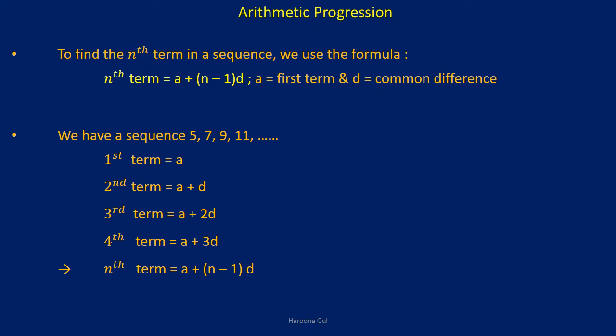Our third term is equal to a plus 2 into d, which is equal to 5 plus 4, which is equal to 9, and this is how it goes on. Now, if each term is equal to the first term plus the term number minus 1 into its common difference, that means that the nth term will be equal to a plus n minus 1 into d.